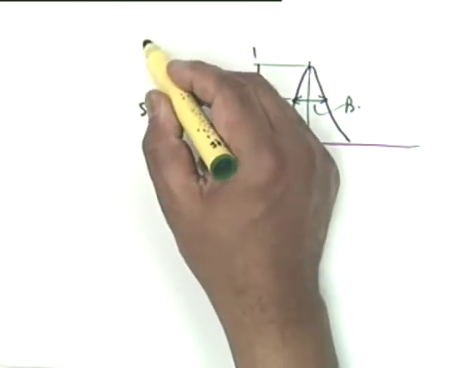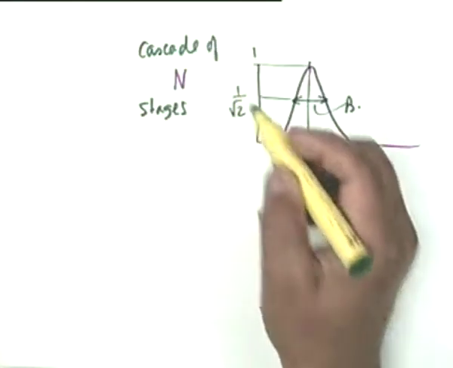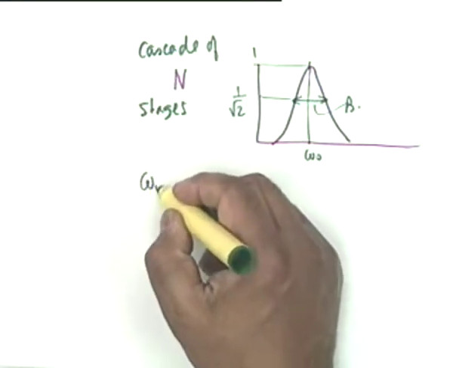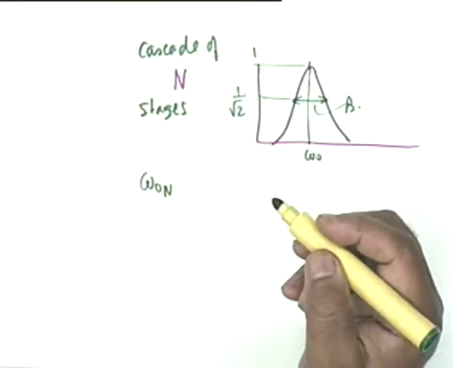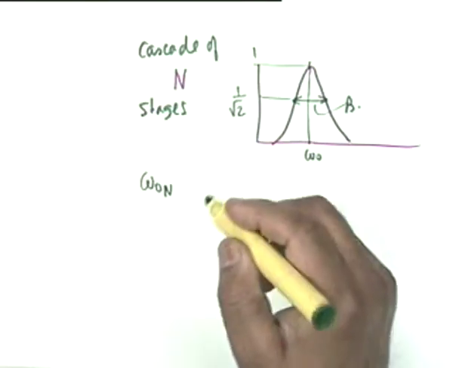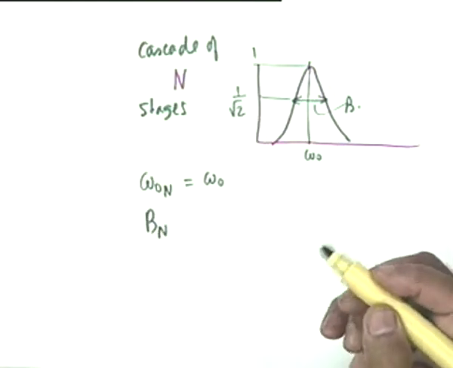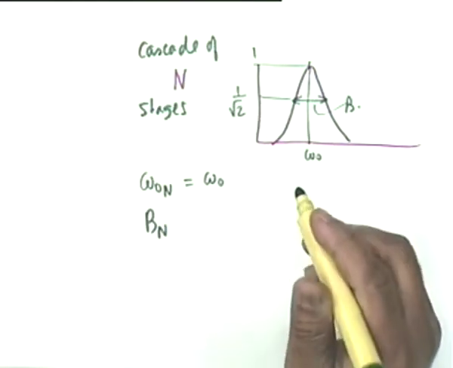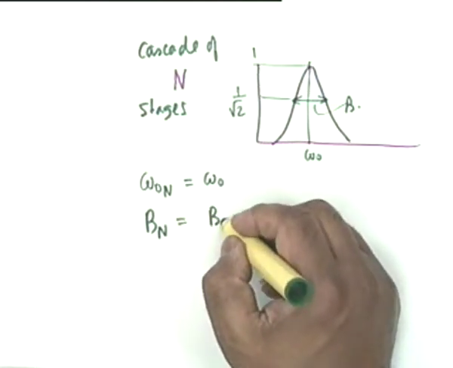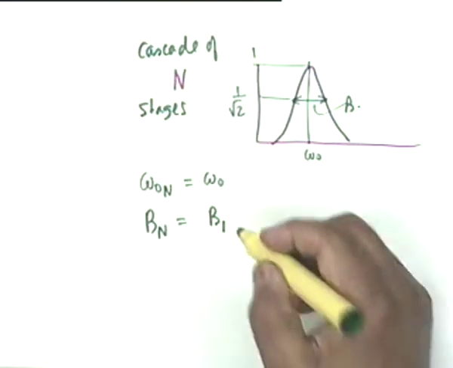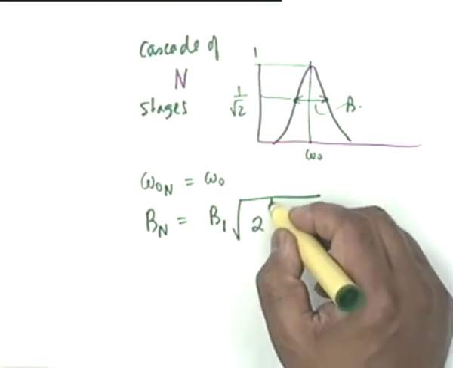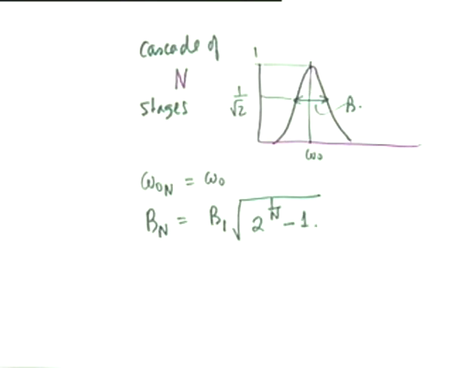If they are cascaded in a non-interacting manner, then the resonance frequency omega 0 does not change, because they are all tuned at the same frequency. But the bandwidth Bn shrinks, and it can be shown that it is the bandwidth of one stage multiplied by the square root of 2 to the power 1 by n, minus 1. This is the rule for shrinkage, and it can be very simply derived.